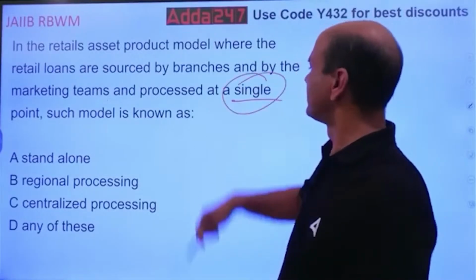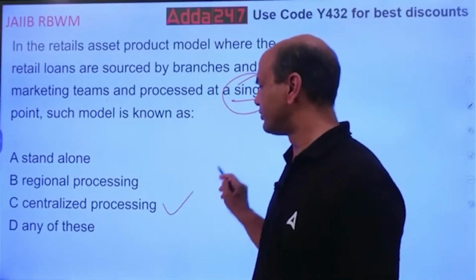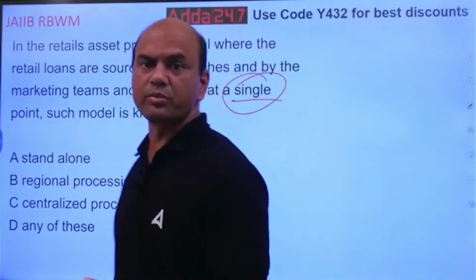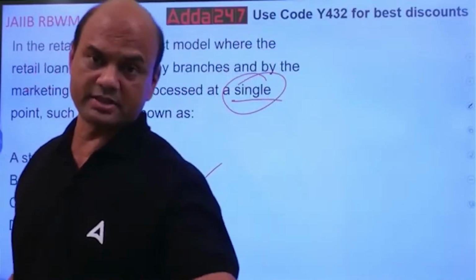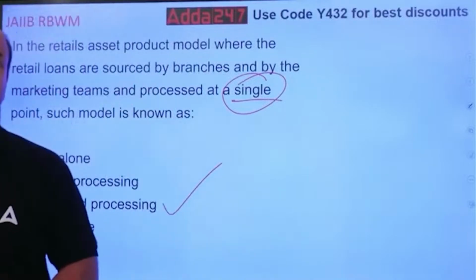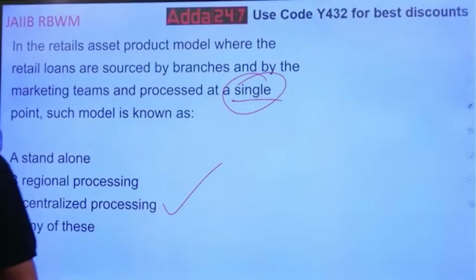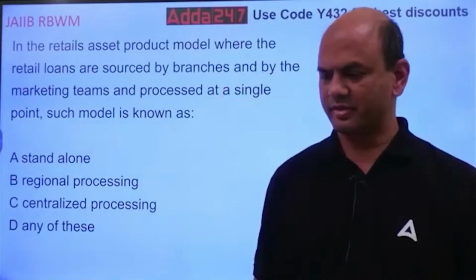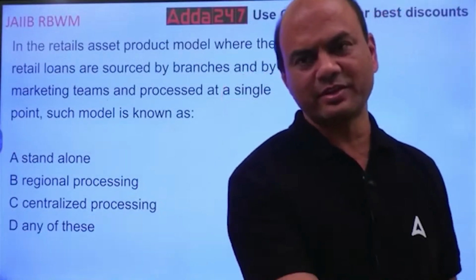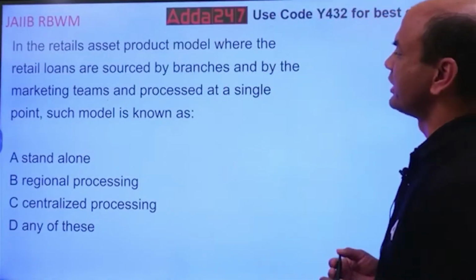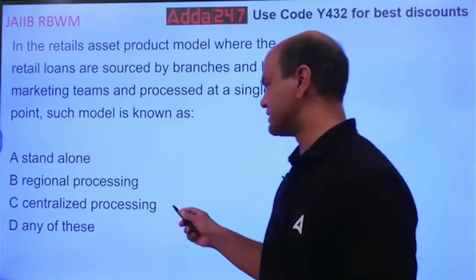Single means CPU. If it would have been regional, with various three or four points, then it is regional. Here it's called single, and single means CPU. So single point is this centralized.